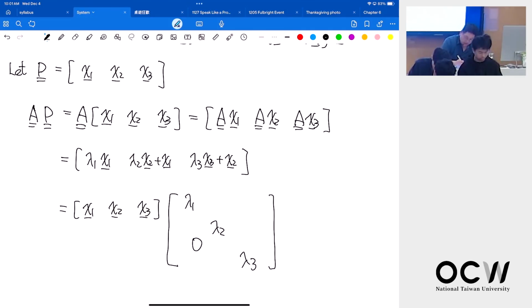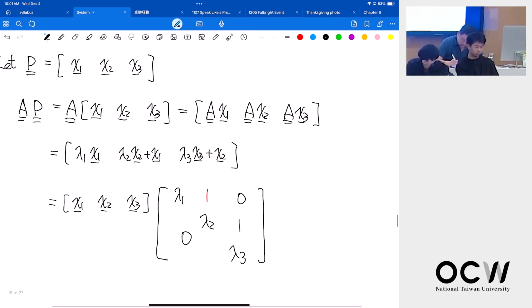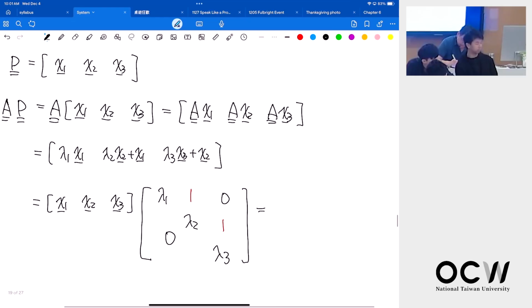But now I have x1 and x2, so here I have 1, 1 instead of all zeros. So this is not a diagonal matrix. But we give this matrix the name Jordan block.